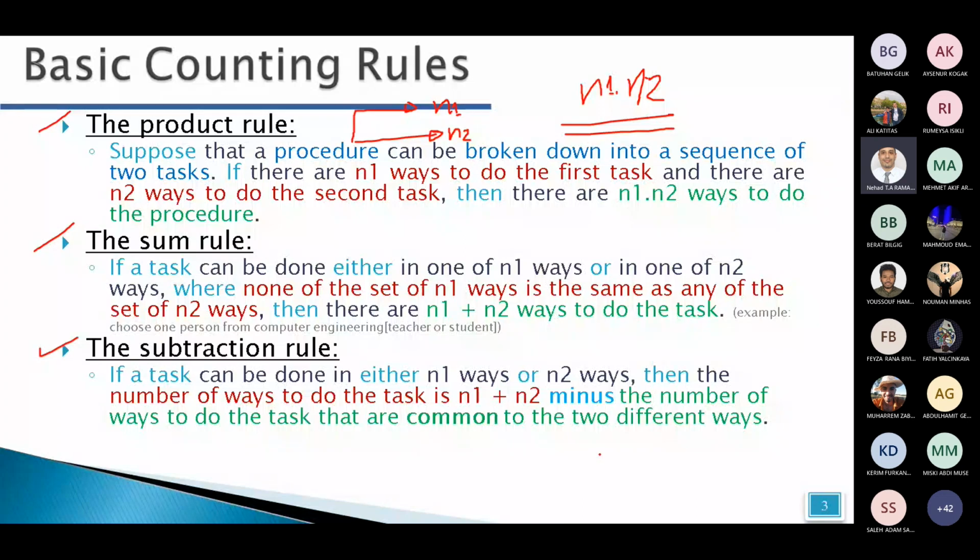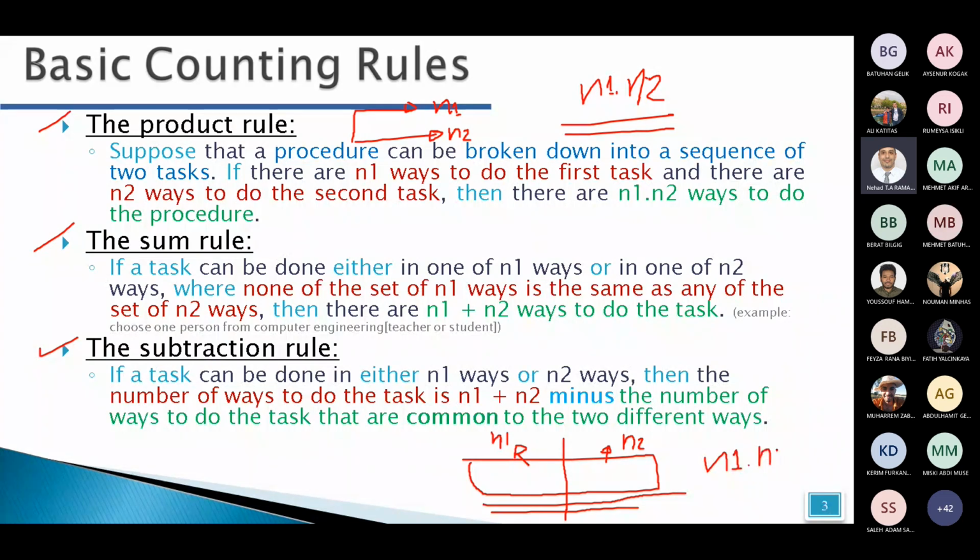So you have a procedure, you have a problem, okay, and this problem is divided into 2 tasks. You have n1 ways to do this task, number of ways, 10, 20, 100, okay, and n2 ways to do this task. So to do the whole procedure, you have n1 multiplied by n2 ways. We will return to the product rule with an example.